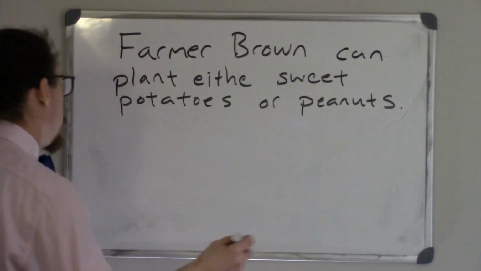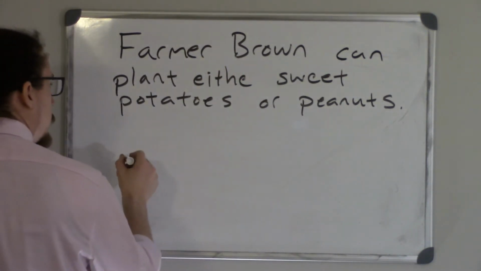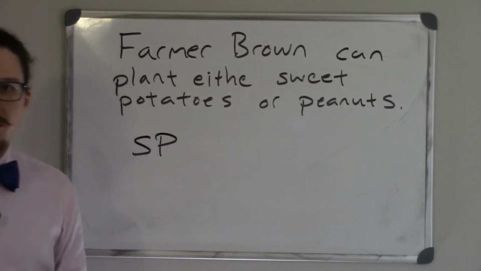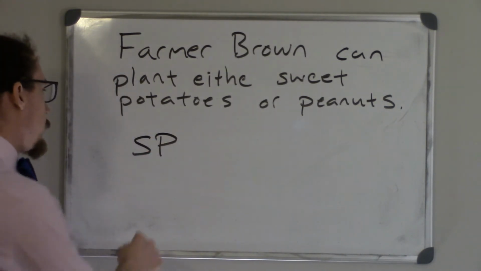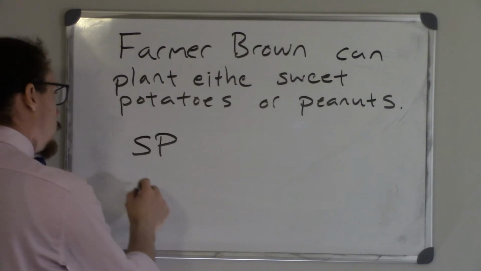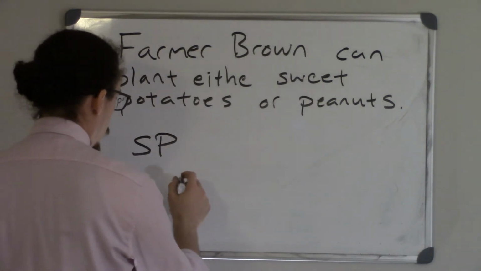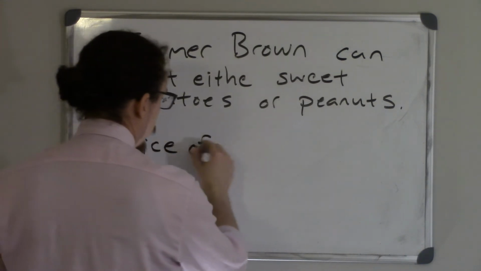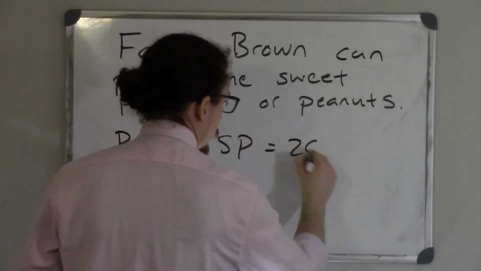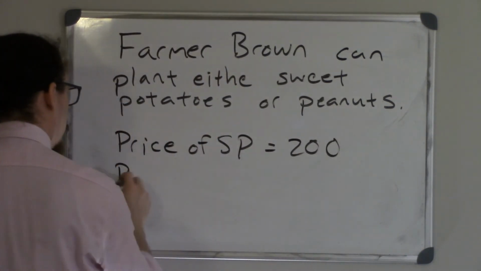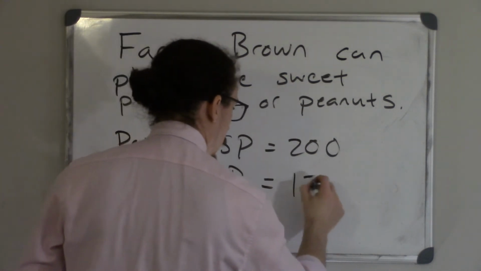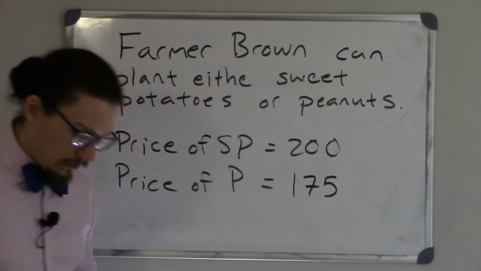And let's say that the price of sweet potatoes is equal to 200, and the price of peanuts is equal to 175.